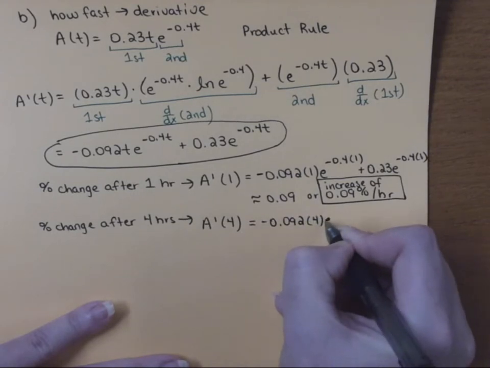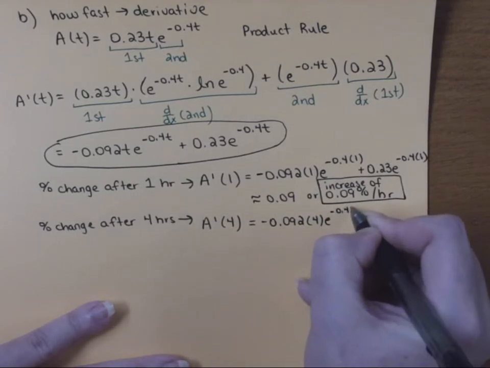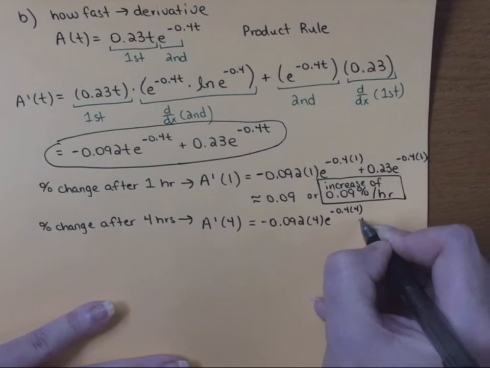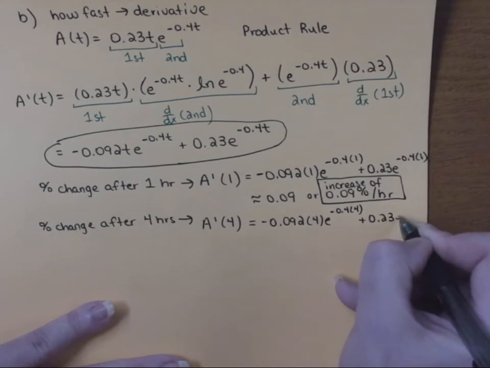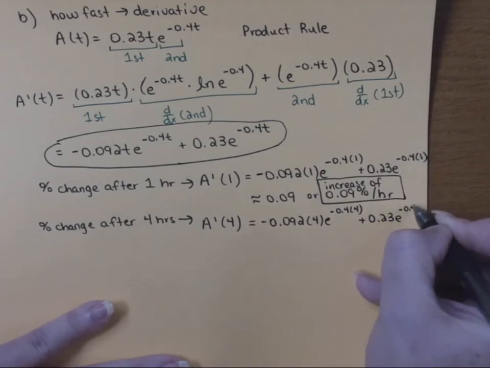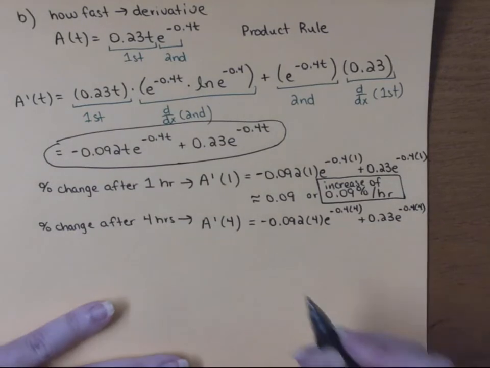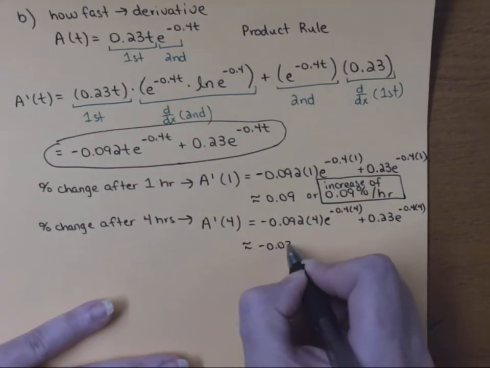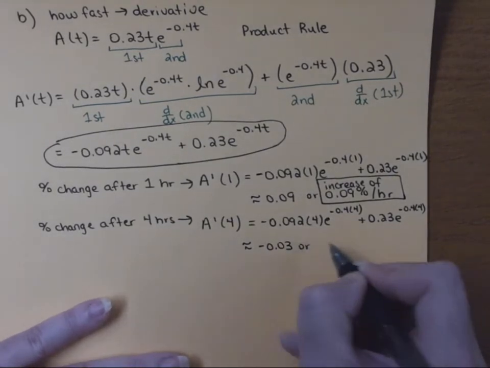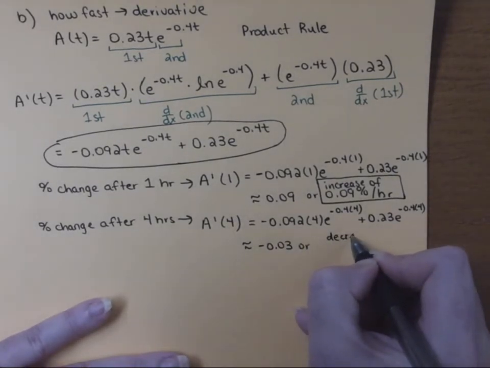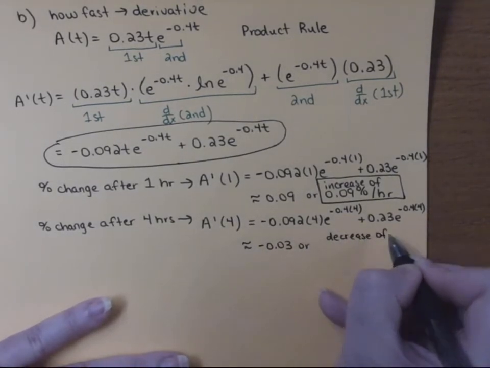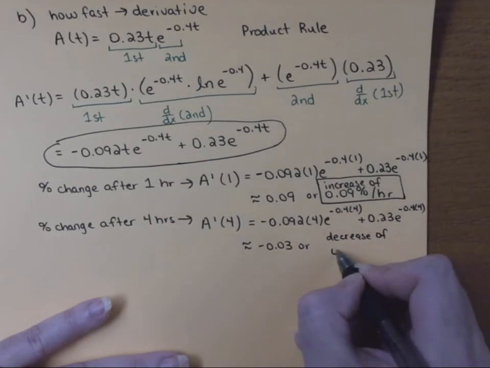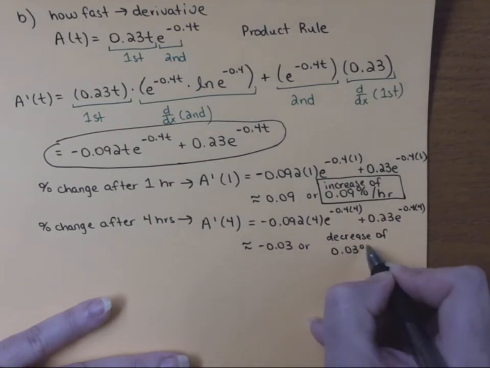So now let's plug in 4. Okay, and if you do that, you're going to get a negative. It's not a very high negative though, okay? But notice a negative would mean that you are decreasing your blood alcohol, decreasing by 0.03% per hour.